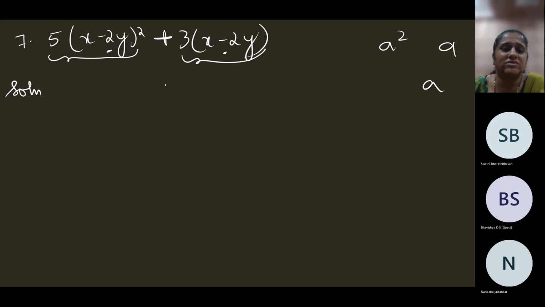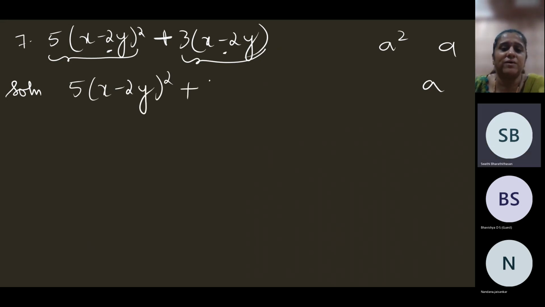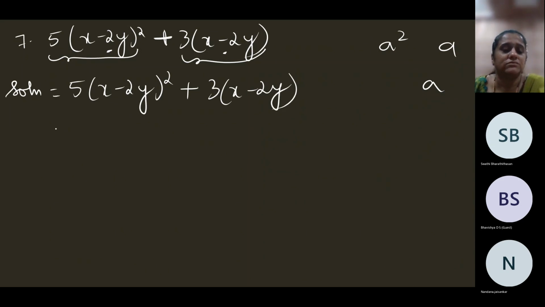So here what will be the HCF, children? The least power is the HCF. 5 and 3, it is 1. Leave it. x minus 2y the whole square and x minus 2y. What's the HCF of a square and a?